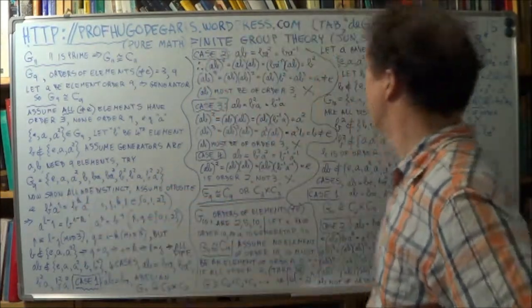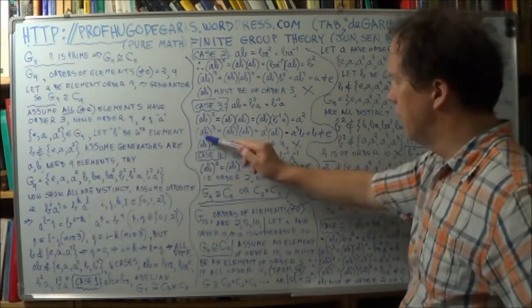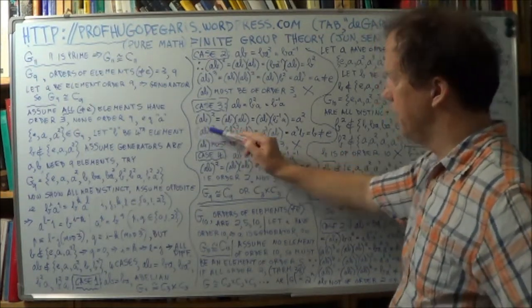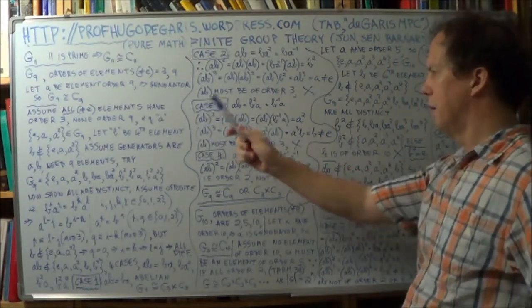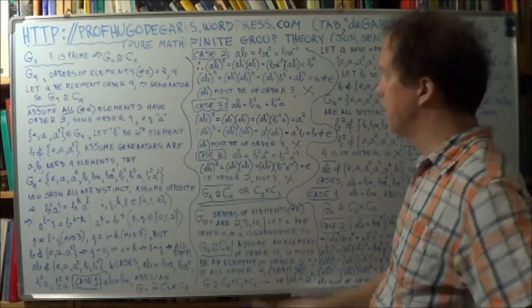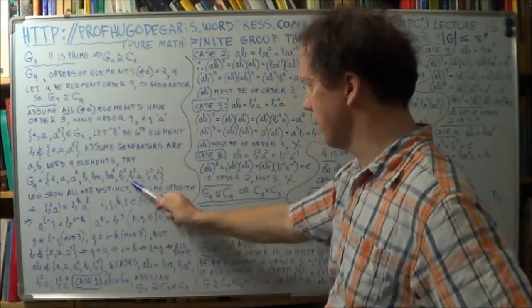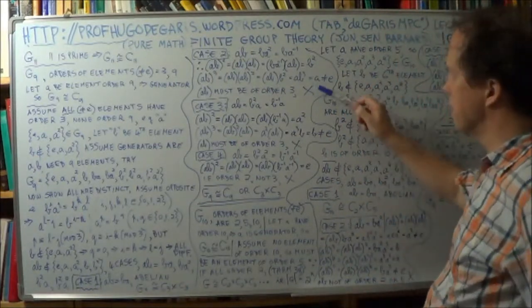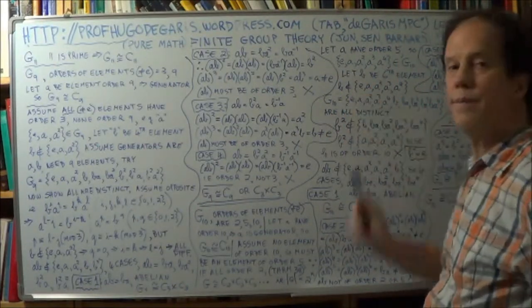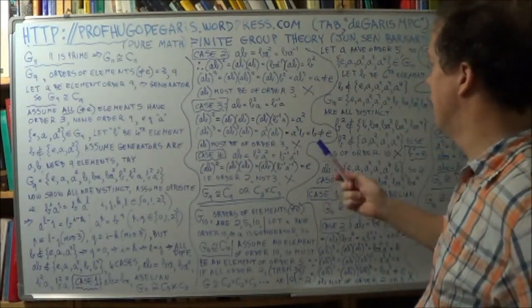So B is not E, therefore the order of AB is not 3. Okay, so contradiction. So we can eliminate this one. That doesn't work. That's what these x's mean. It doesn't work. Contradiction. They're just crossed.